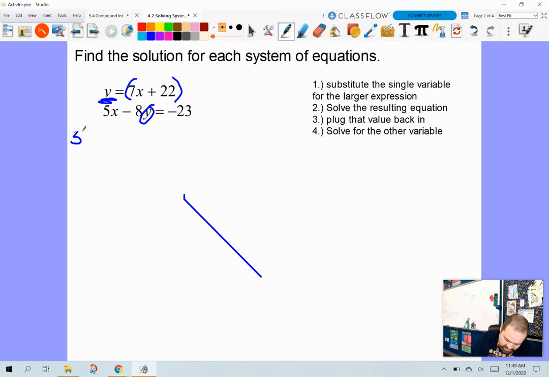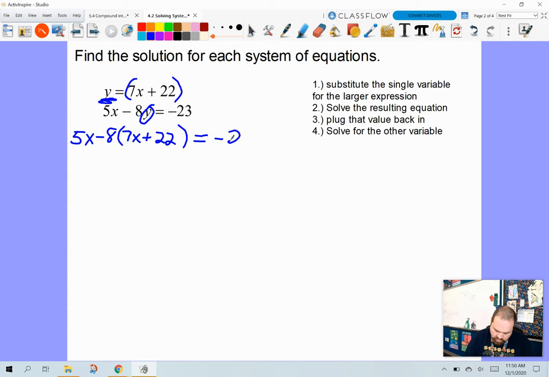The 5x is going to stay put. The minus 8 is going to stay put. And then where the y was at, oh man, that's making a mess. Where the y was at, I'm going to put in that whole chunk of 7x plus 22. That still equals negative 23.